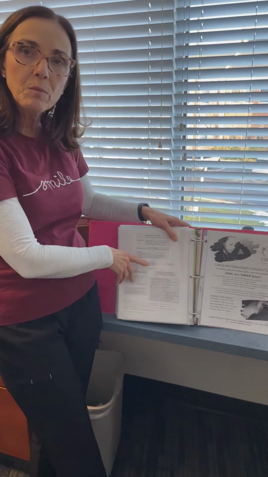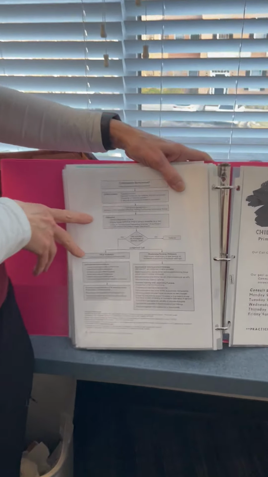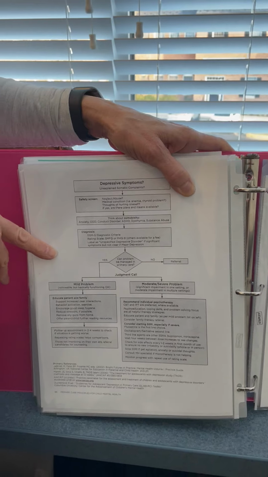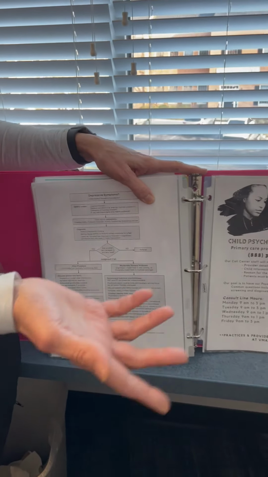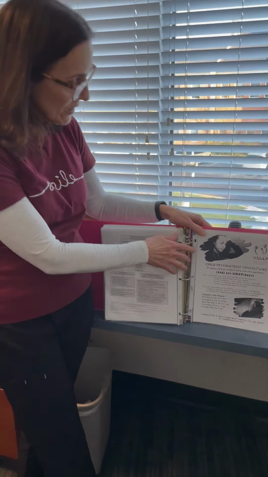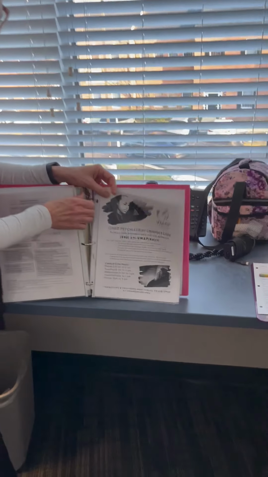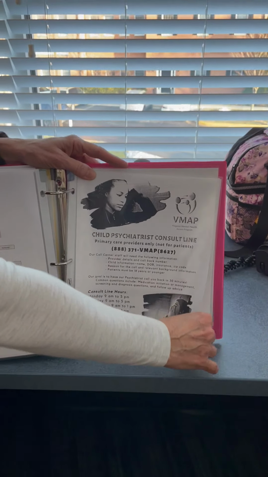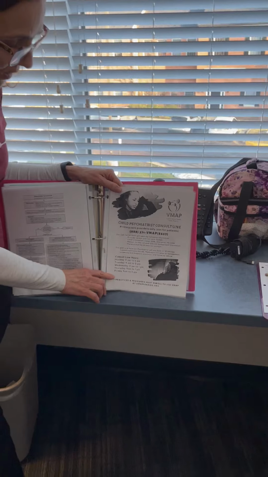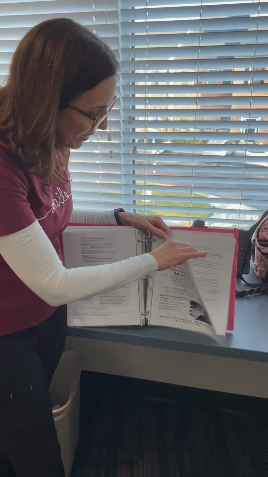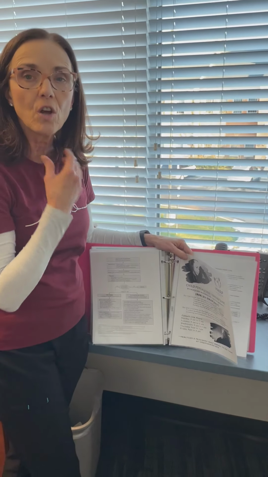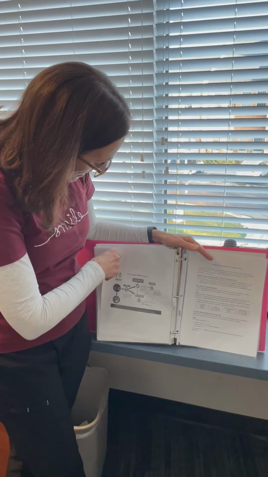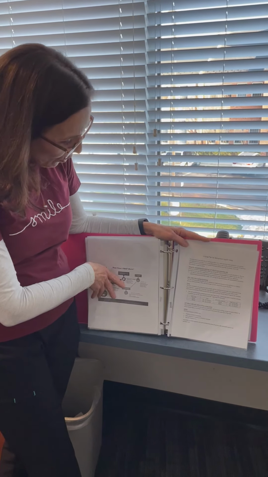There's an algorithm in here for depression that you can use to help you with your judgment for depression treatment and planning for your patients. There's also the sheet for VMAP, how to call for VMAP help, a psychiatrist to consult with about our patients, and how VMAP works.